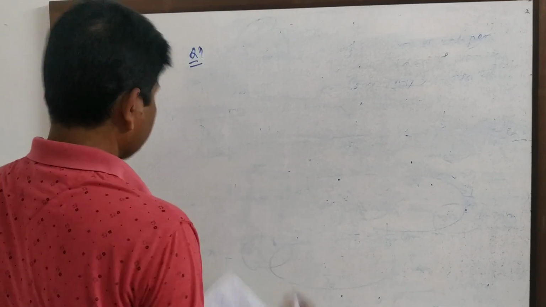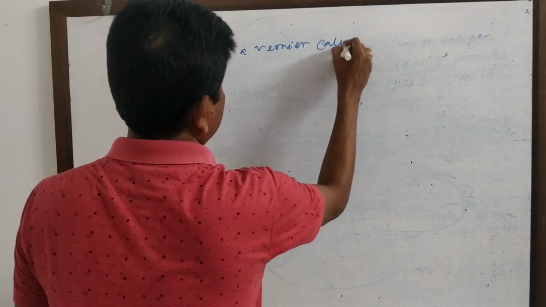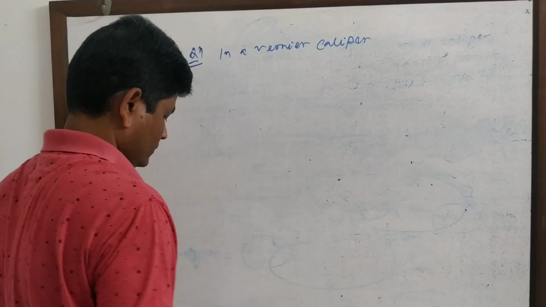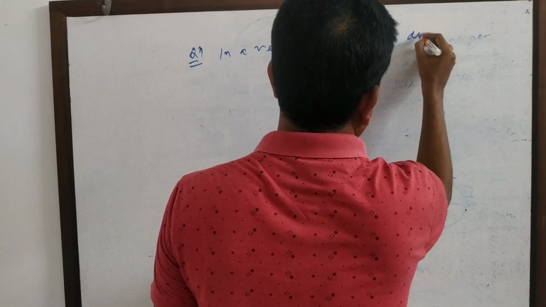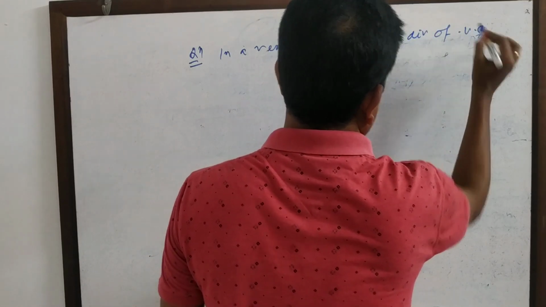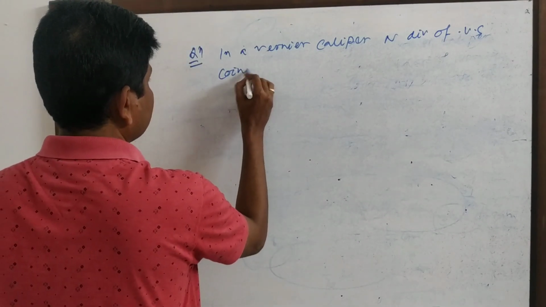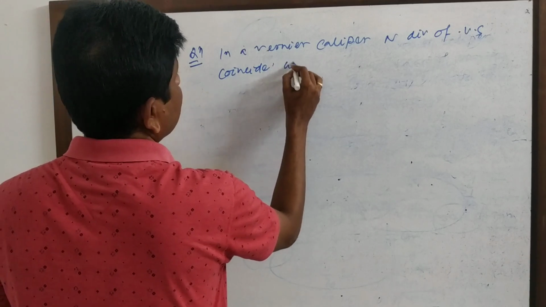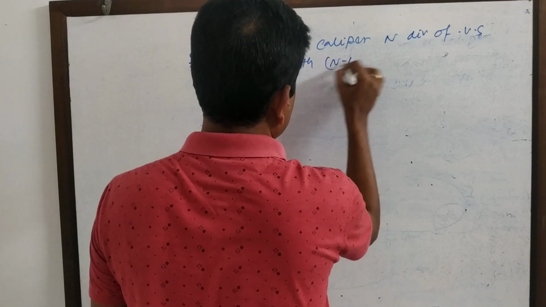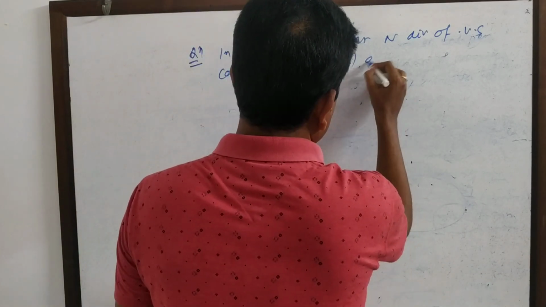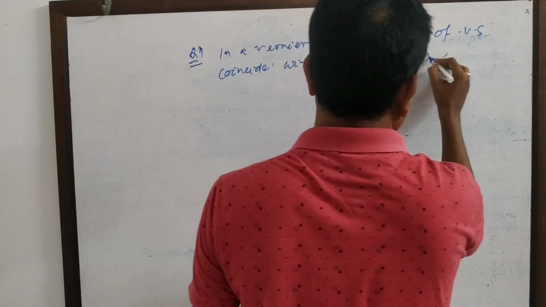In a vernier caliper, n divisions of vernier scale coincide with n minus 1 divisions of main scale.